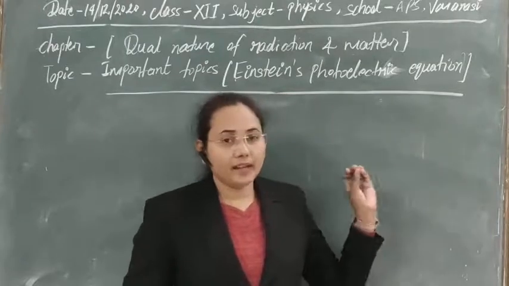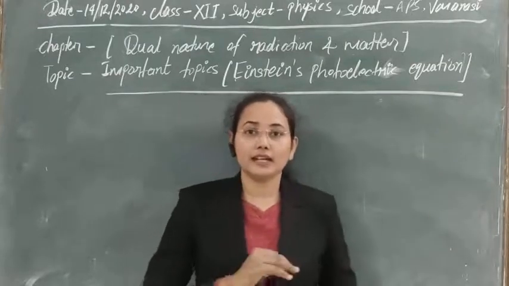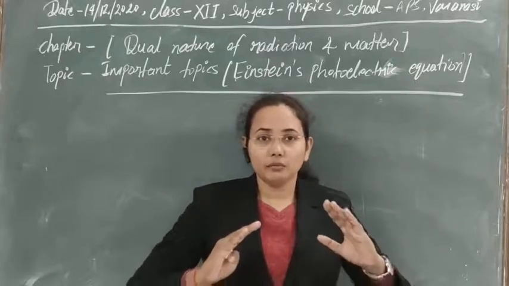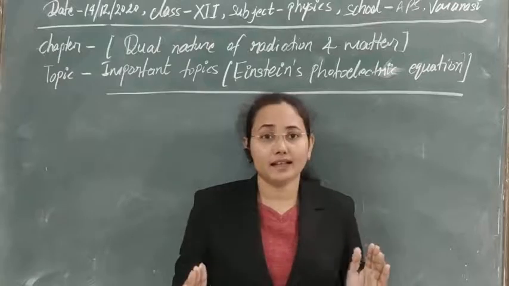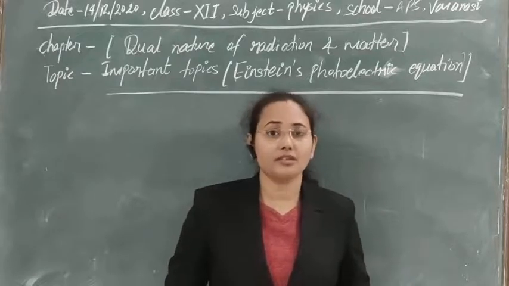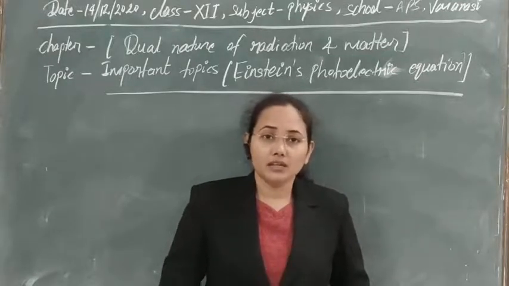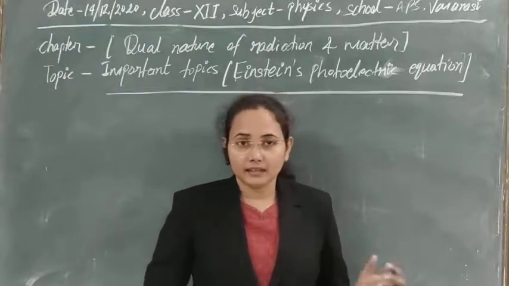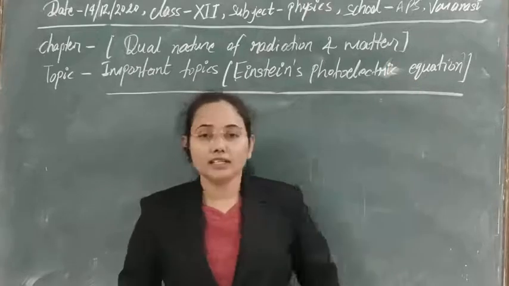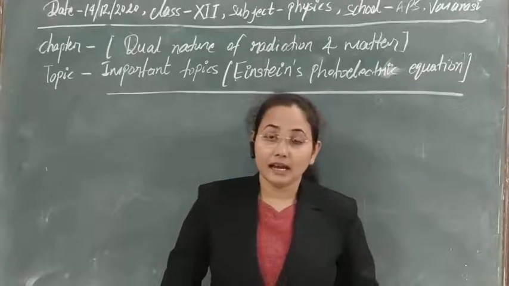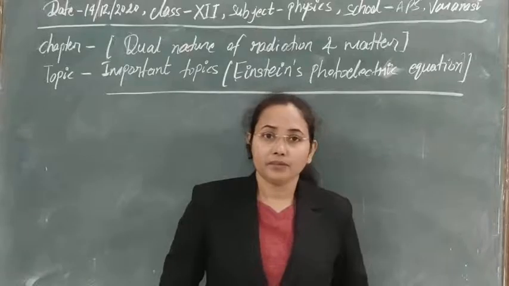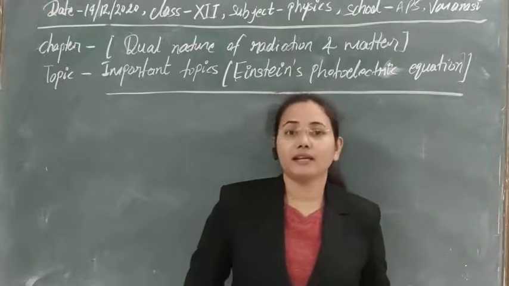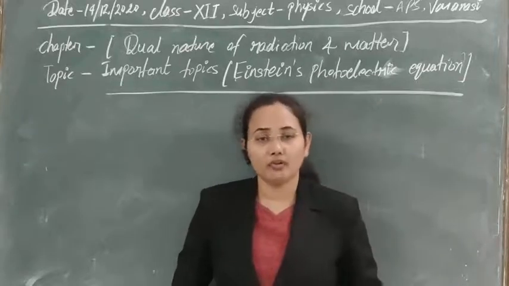When Einstein successfully explained this, a new physics, a new theory started, called the dual nature of radiation, because he used the particle concept of radiation. Today let's see what Einstein's photoelectric equation is and how he explained the photoelectric effect with the help of Planck's quantum concept.